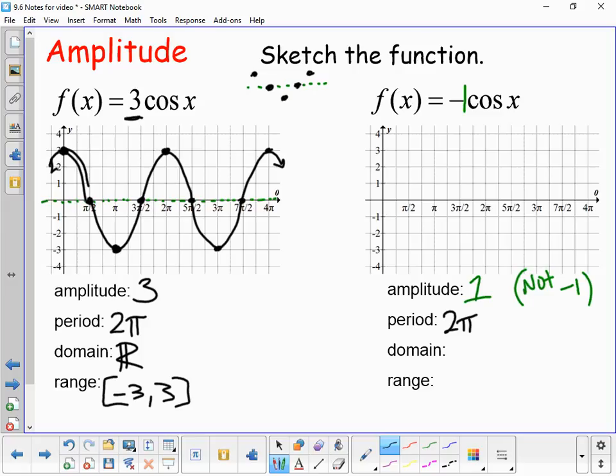So as we graph the cosine, let's sketch in our midline here at 0 to remind us where the middle is. Normally, as a cosine with an amplitude of 1, it would start here above the midline, but because of that negative, it's going to flip down and reflect to 1 below the midline to start.